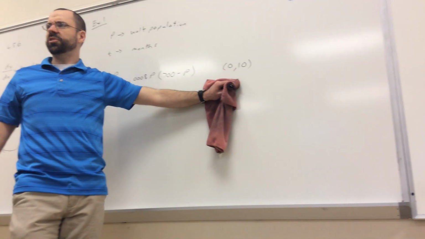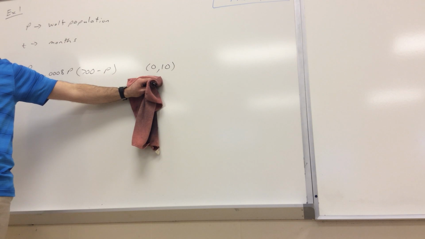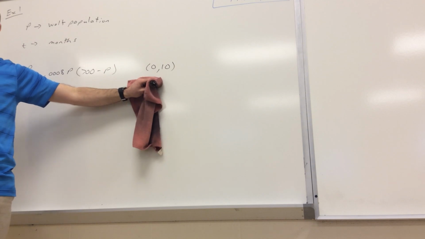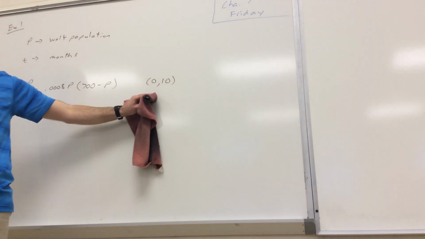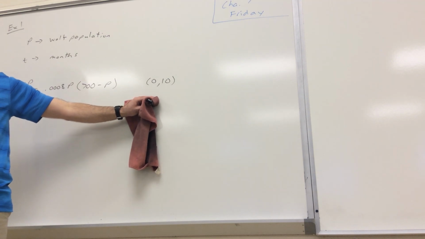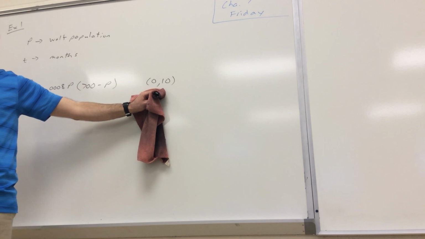Okay, so just to kind of solidify what's going on, what does the (0, 10) mean? It's a point on the graph. It helps you find C. Now in this context, what does it mean? After 0 months have gone by, there's 10 wolves in the population.